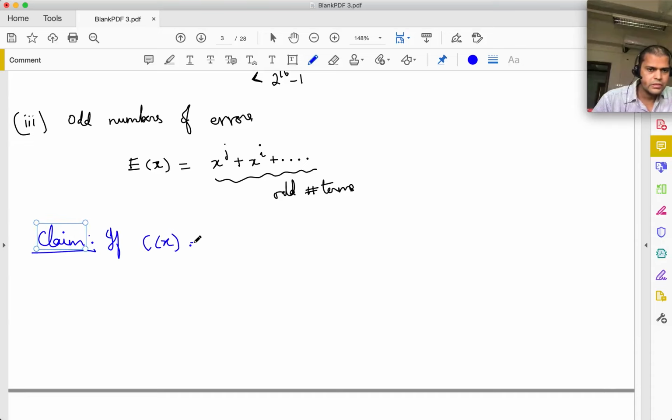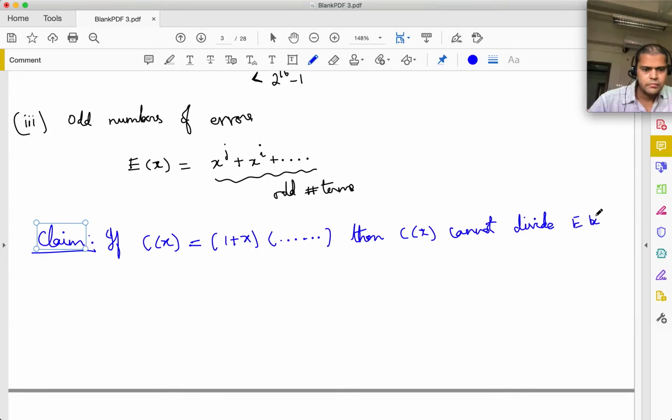So if C of x is of the type 1 plus x times some other polynomial, then C of x cannot divide E of x of this form.